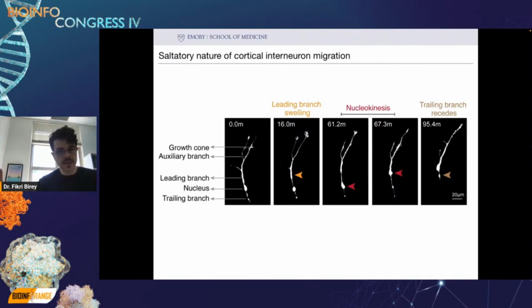And there's very interesting cytoskeletal rearrangements and crosstalk that are triggered, creating a pulling force by the leading branch and a pushing force by the cell rear. And this whole coordination, and then this saltatory mode, so it basically looks like a cell jumping, and this mode of movement is called nucleokinesis. And it's very stereotypical. You recognize it when you see it.